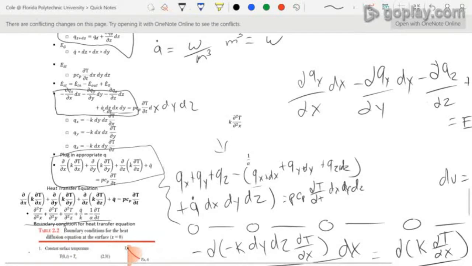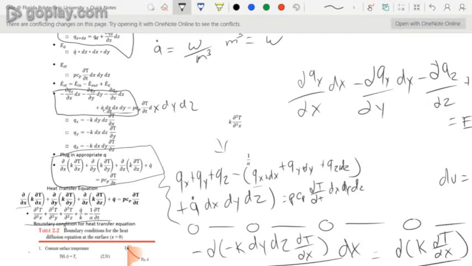And so it can be seen better by this bolded statement right here. There are different ways you can simplify it. Sometimes they use 1 over alpha, which is the thermal diffusivity. And right here they divided everything by the k.